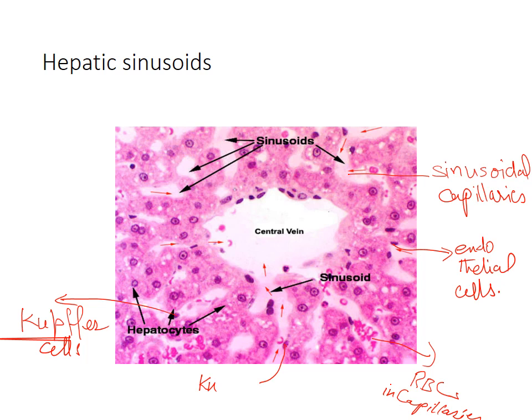The Kupffer cells also serve as antigen presenting cells by engulfing those bacteria which manage to enter the portal circulation by penetrating the intestinal wall. You can see the blood cells in the sinusoid. So these are the sinusoids.